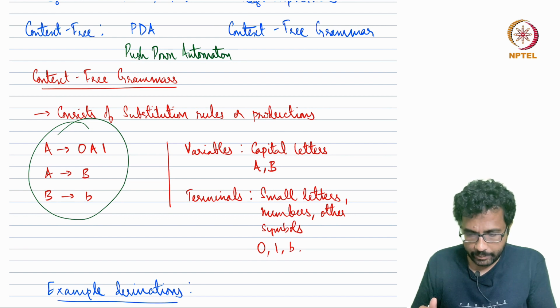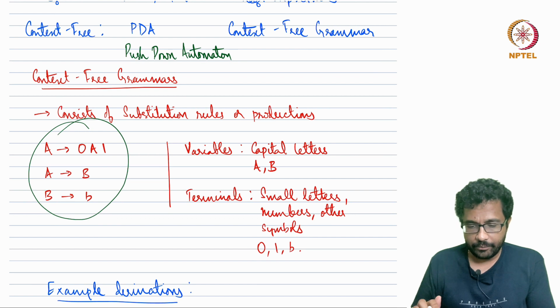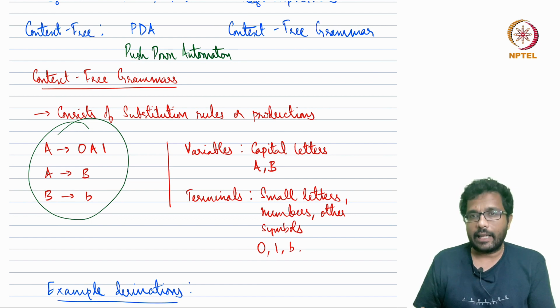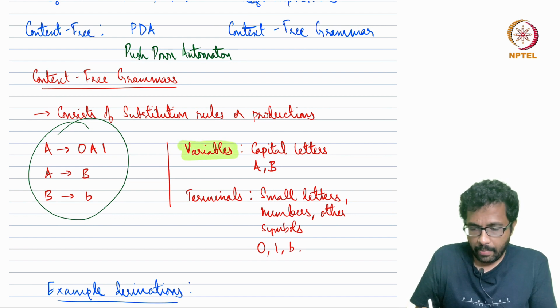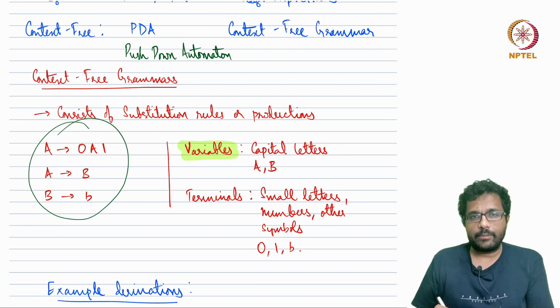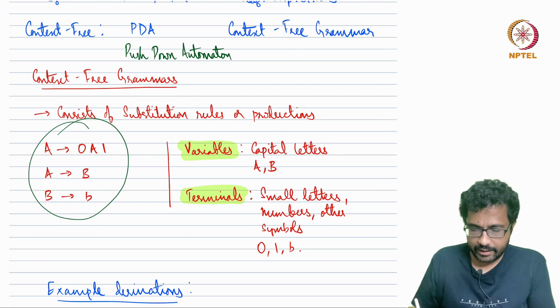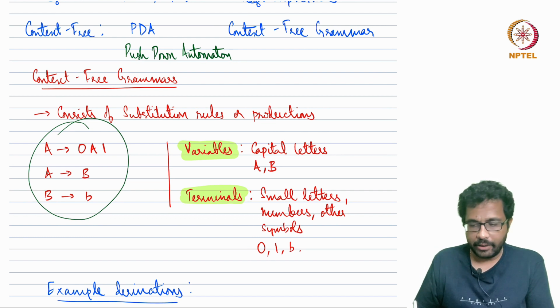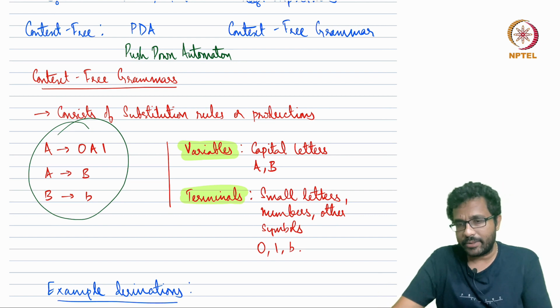Typically there will be 2 kinds of objects that we deal with. One is denoted by capital letters, capital A and capital B, called variables. In this example it is just A and B. Two is terminals. In this example there are 3 terminals: 0, 1 and small b. These are small letters, numbers and maybe other symbols also sometimes.